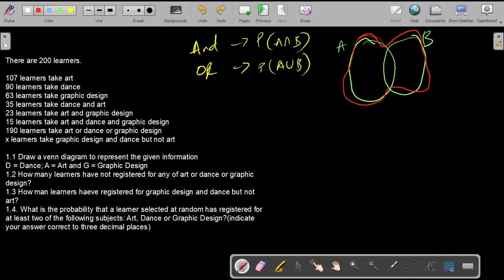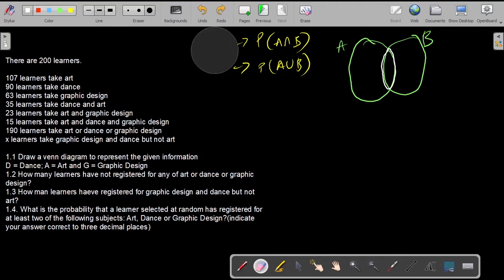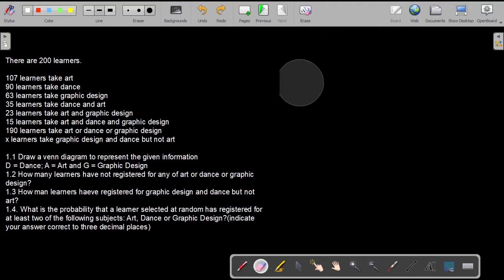If you're trying to throw something and it has to land in A or B, then it has to land in here, which is the sum of everything which you see inside here. But when you talk about the portion A and B, it's only this section where you have the intersection, right? So that is just something which I wanted to clear up before moving on to the exact problem.